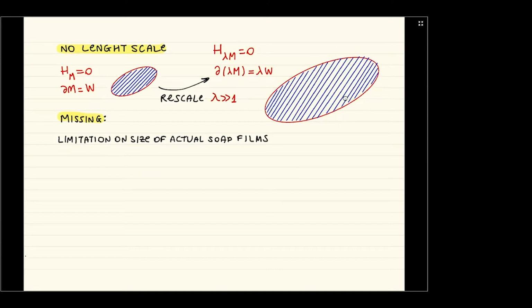Which is of course absurd because we don't expect to observe a subfilm of arbitrarily large diameter. We expect that the thing will burst, simply because of, for example, a thickness that becomes too small, and then the chance of random fluctuation making the subfilm disappear.